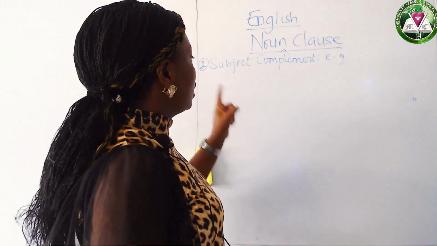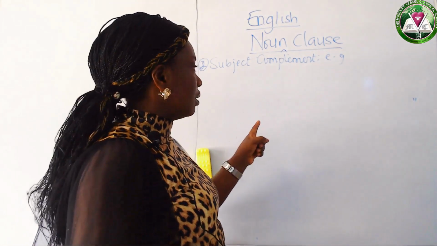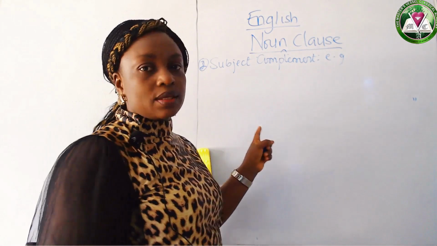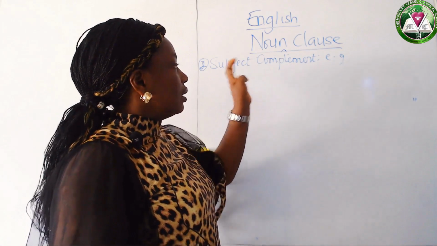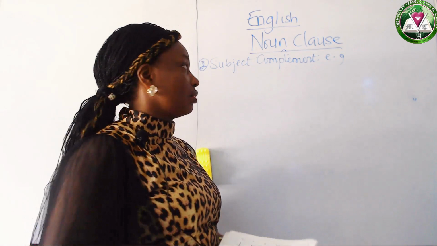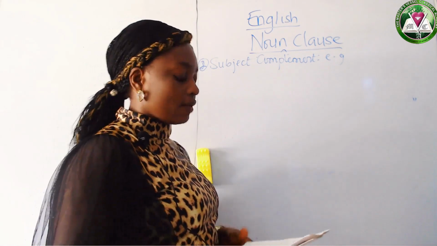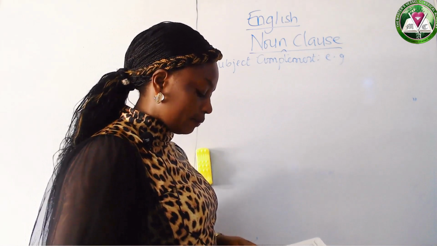I repeat, in subject complements, the noun clause is the same person or thing as the subject of the sentence. In other words, the noun clause gives us information, tells us something about the subject of the sentence. Okay, we have some examples there.